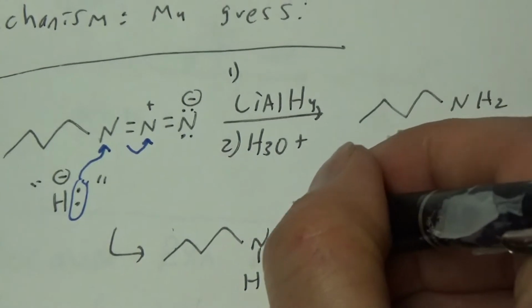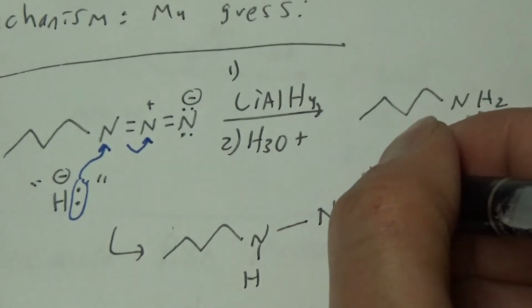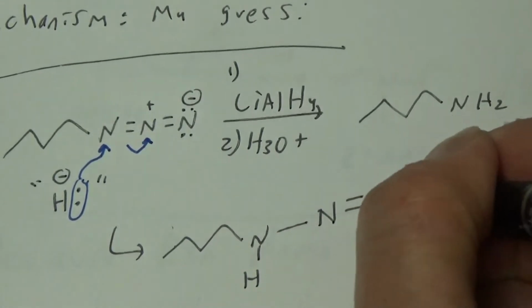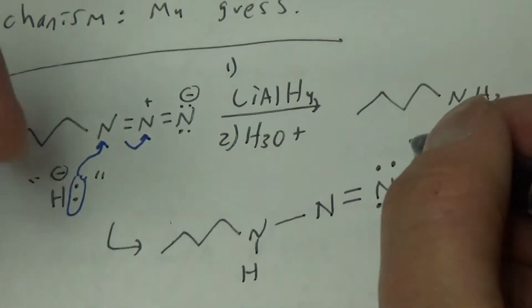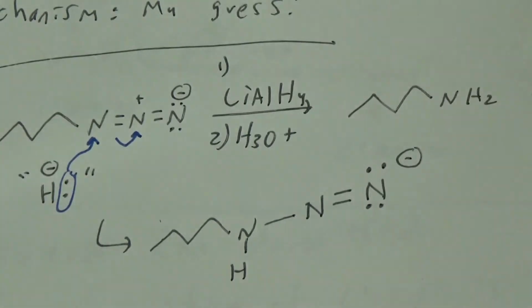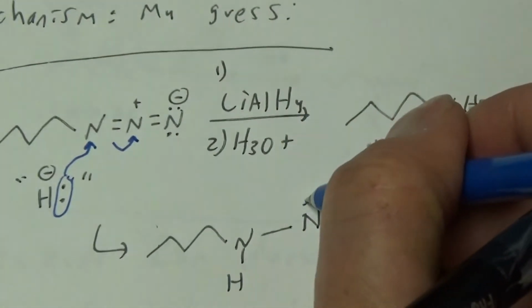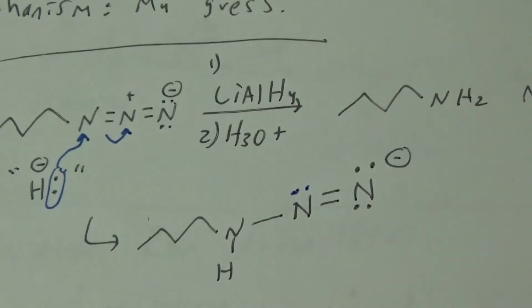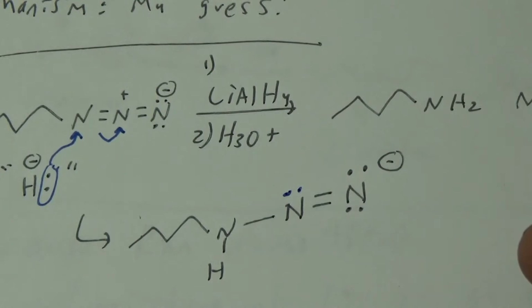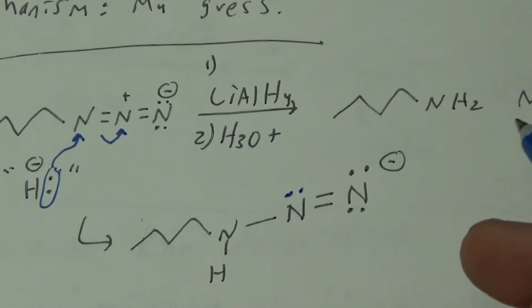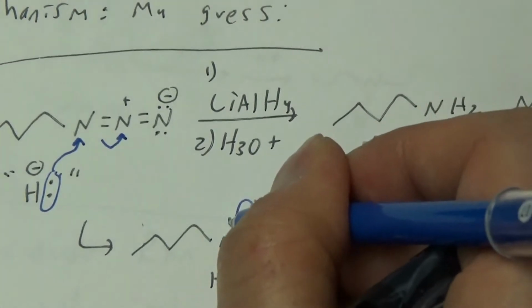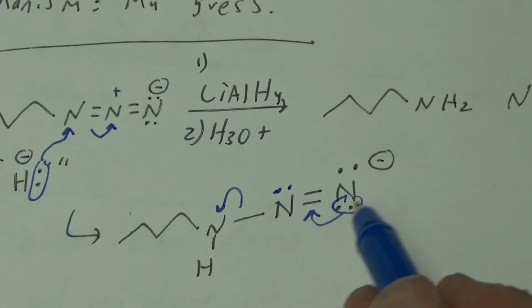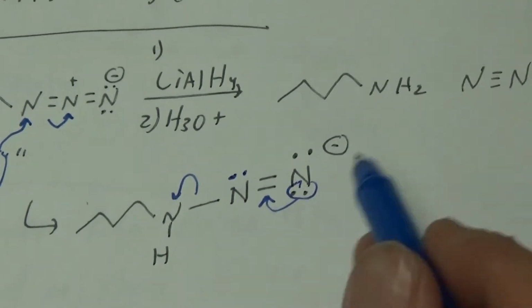And then we have single bond nitrogen, double bond nitrogen, 2 lone pairs, and a negative charge. We also have a single lone pair on that middle nitrogen now. And I think what happens then is this just swings in, kicks off, and that creates N2, so that creates the N triple bond N.